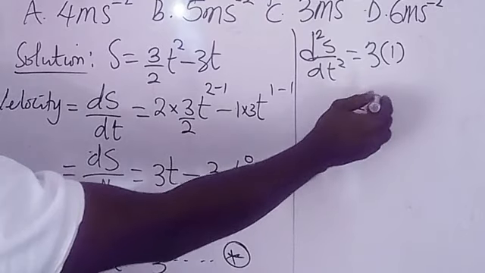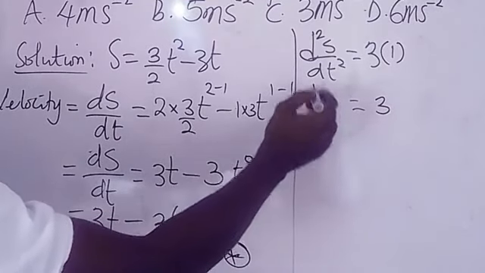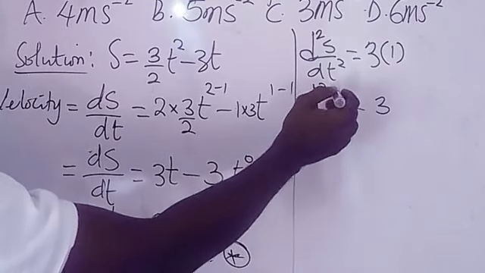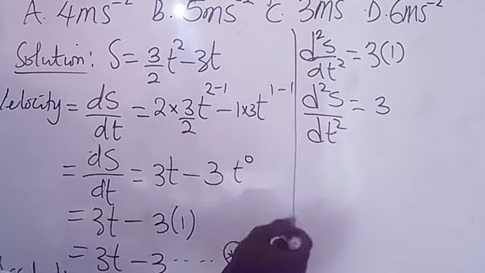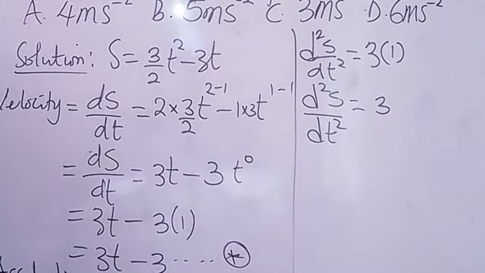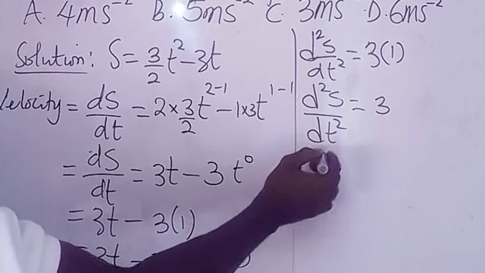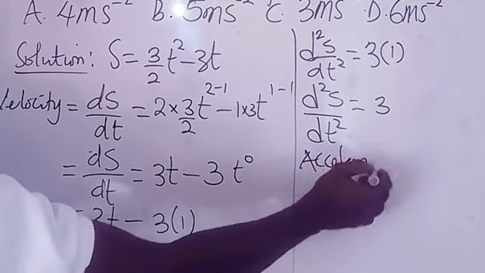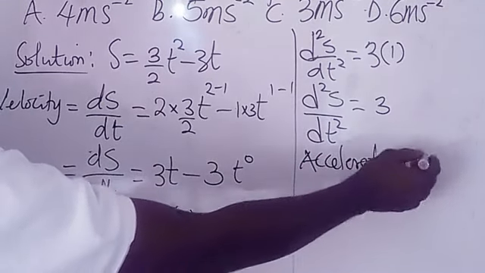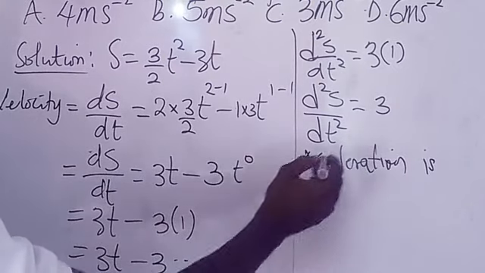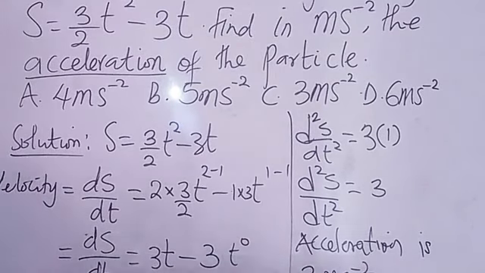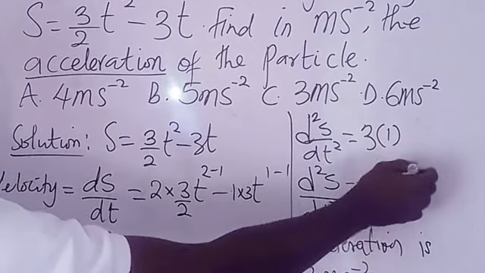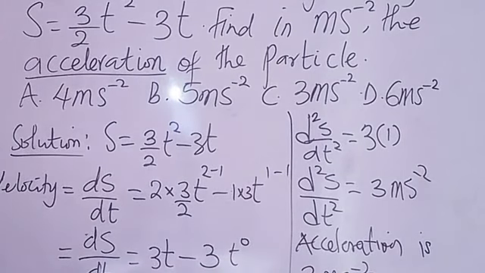So we're going to have 3, which is d square s then dt square. Now d square s over dt square, it's same thing as what? Same thing as acceleration. So therefore the acceleration is 3 meter per second square. So meter per second square, that is our acceleration.